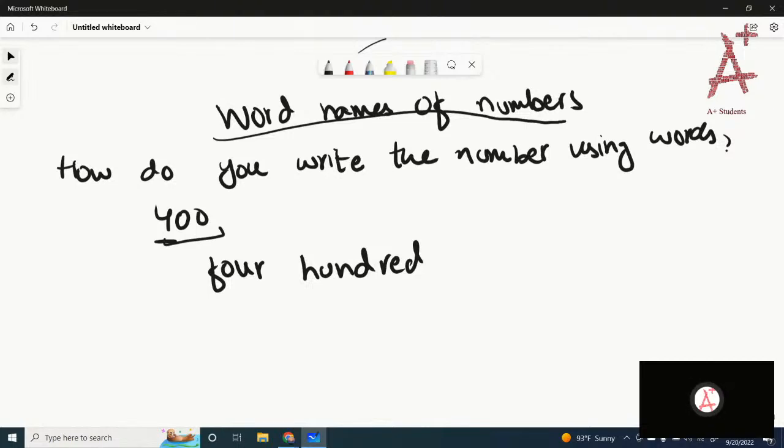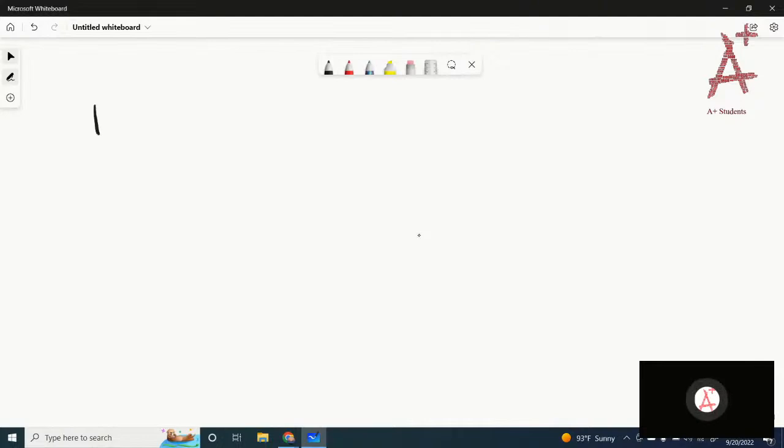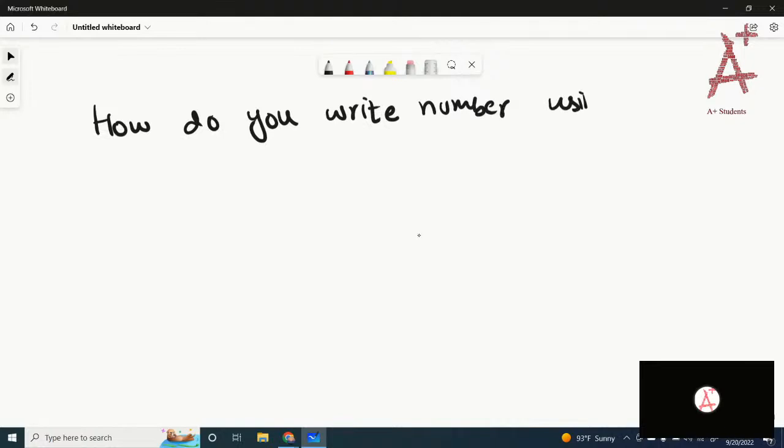Okay, let's do another example. The next one is how do you write the number using words? And the number is 946.